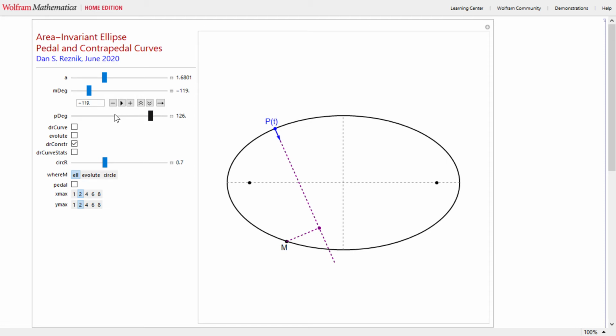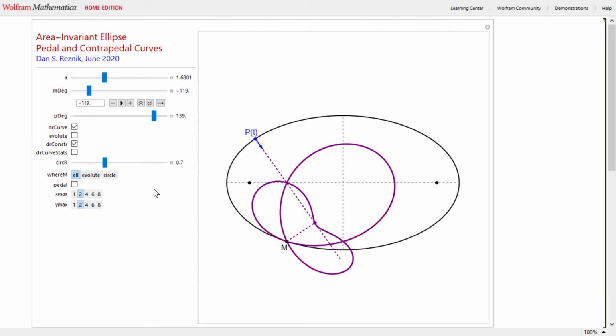So as I vary P of t, and I just continue that line that starts at P of t and is oriented or directed along the normal, if I drop a perpendicular from M onto this line, I get a point, and the locus of this point is known as the contrapedal curve. Let's draw it.